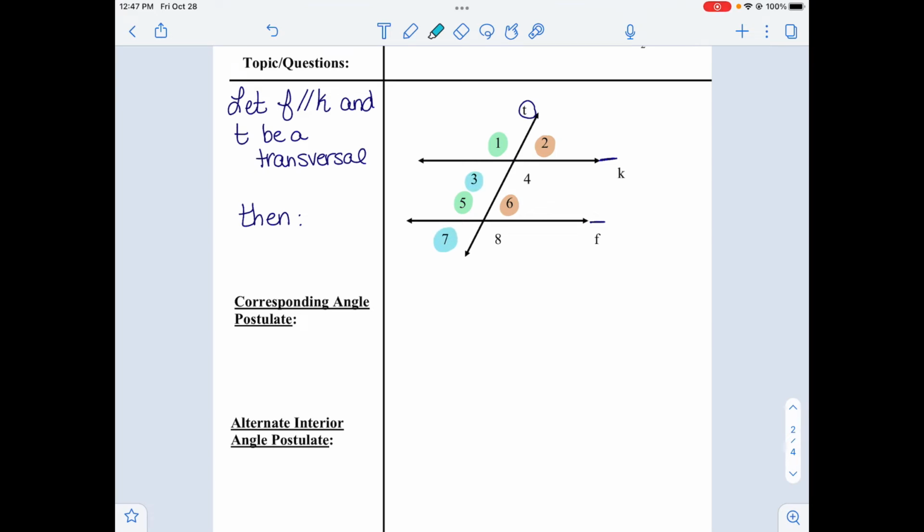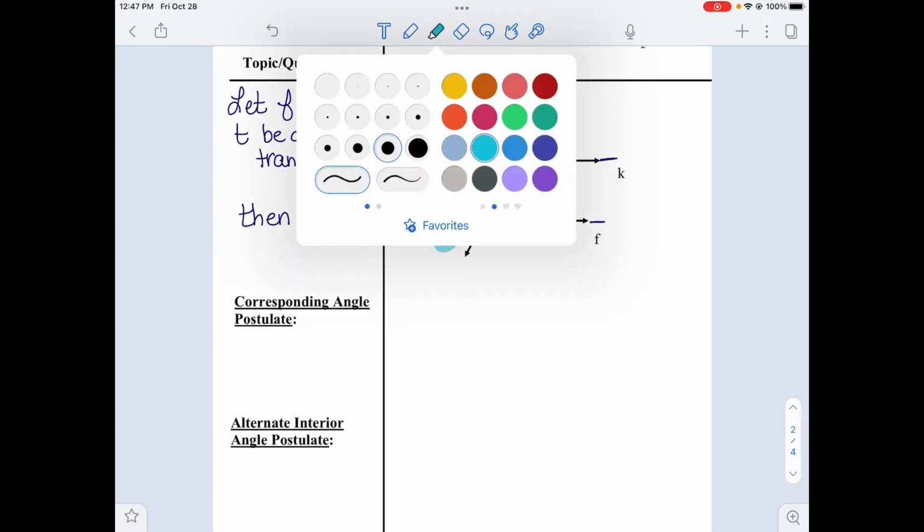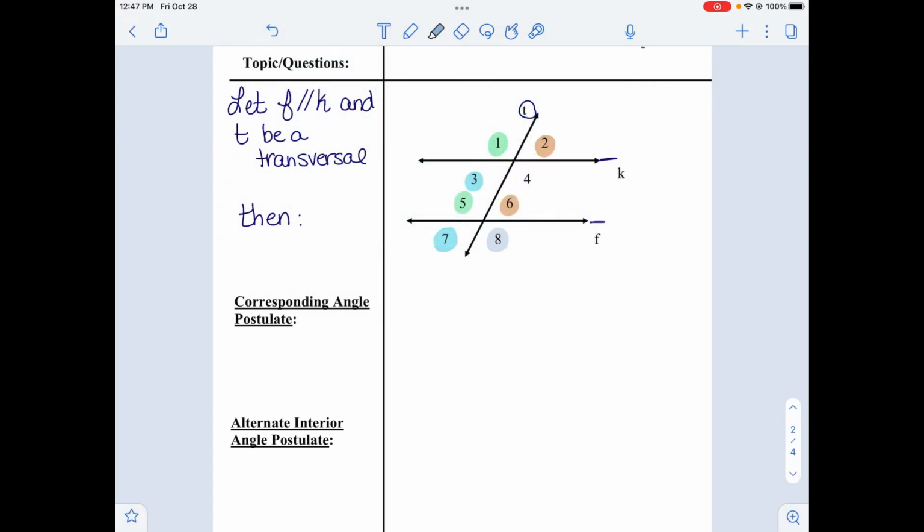They would be on top of each other. And then we also have 8 and 4. So we're going to write those down. So we have 1 and 5, 3 and 7, 2 and 6, and 4 and 8.